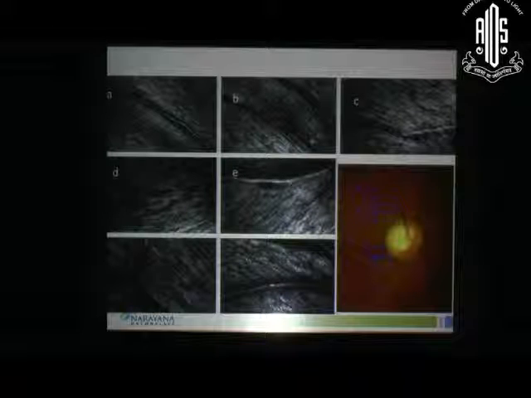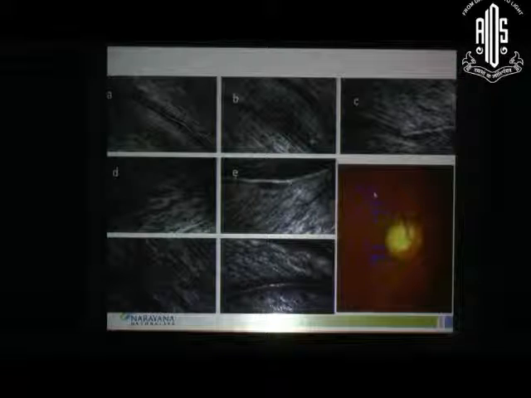Now this is an area, and A, B and C correspond to the areas A, B and C here. So we have the area of RNFL defect. This area is a little bit of normal and defect, and this is more of the normal.